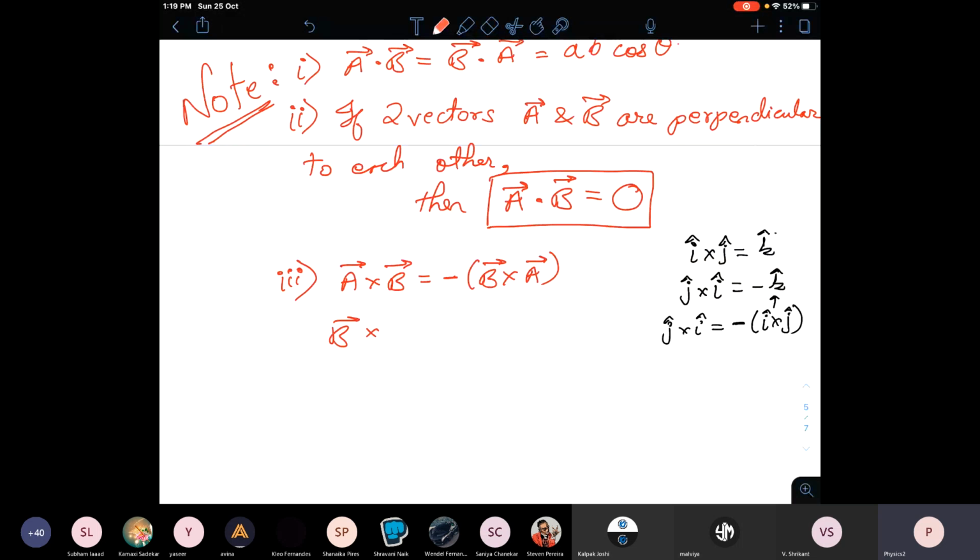If B cross A is asked, you can just reverse the direction of A cross B. The magnitude will remain the same: the magnitude of A cross B equals the magnitude of B cross A, but the directions will be opposite. This is a result which you have to remember. Hope it is clear. Any doubts in this, anybody?